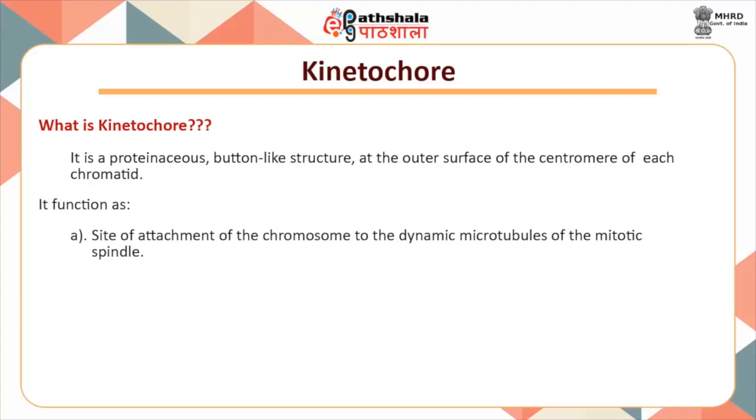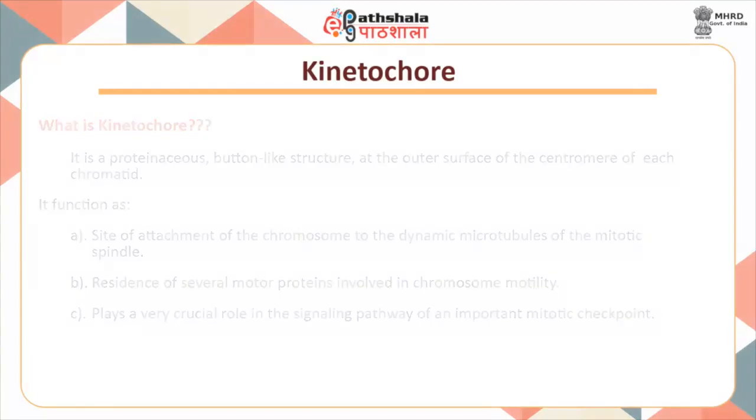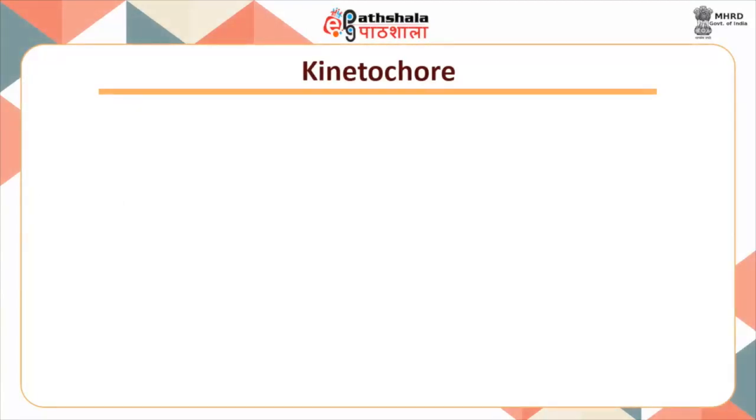This also serves as the residence of several motor proteins involved in chromosome mobility and is a key component in the signaling pathway of an important mitotic checkpoint. Two proteins, NDC80 and CENP-E, play an important role in mitosis during prometaphase.